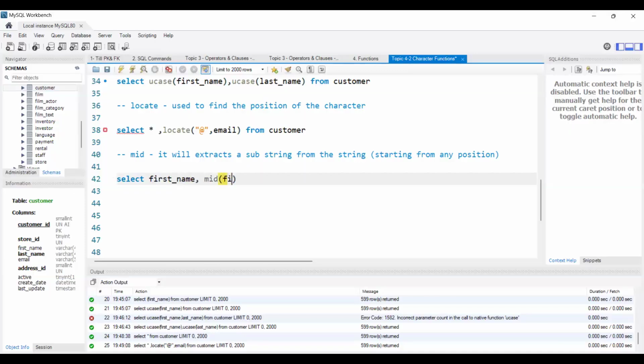I'm using the mid function on the first name itself, and I will give three parameters like 3 comma 2. The first parameter is the column name where I want to use the mid function, the second parameter is the starting position, and the third parameter is the number of characters we want to extract. Let's see the output, then you can understand. Then I will write from customer.